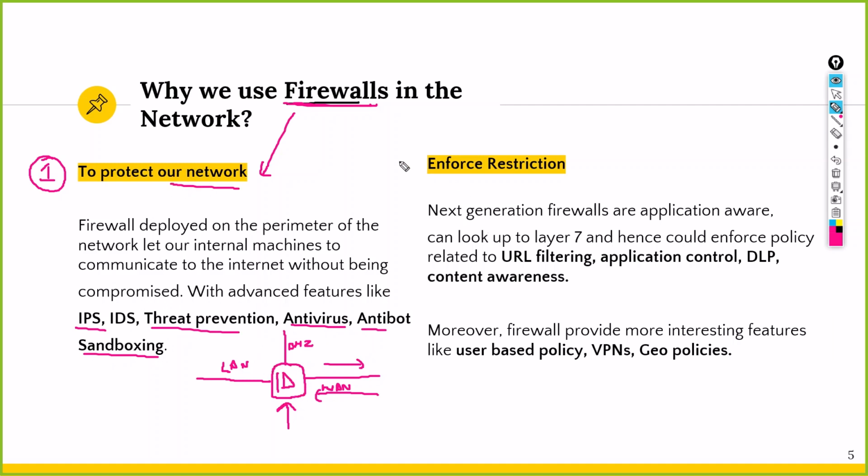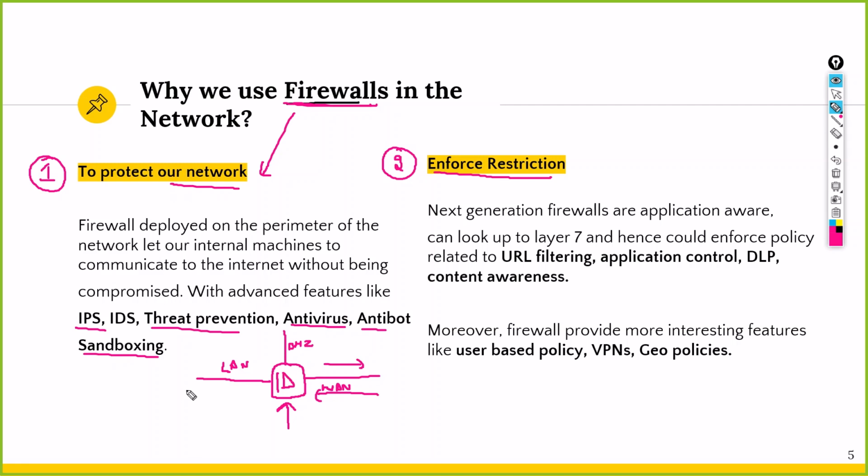And the other major point I see of this device, the firewall, is that it enforces restrictions. We know how corporates work, right? If you have users, not all the users are able to access everything. If my team does not have to do anything with social networking, I'll block those social networking websites for this team.